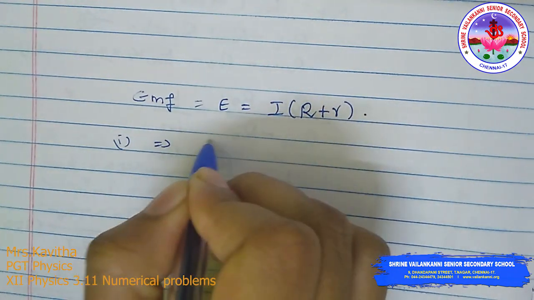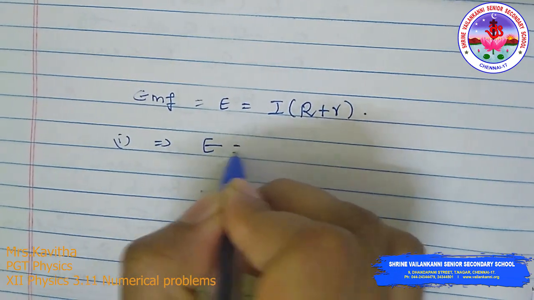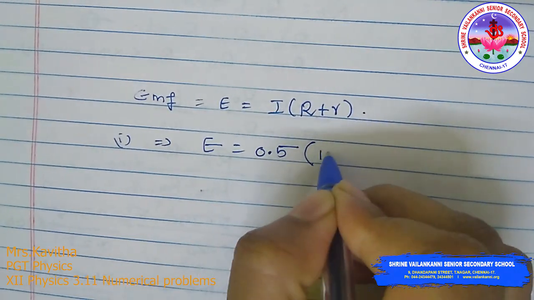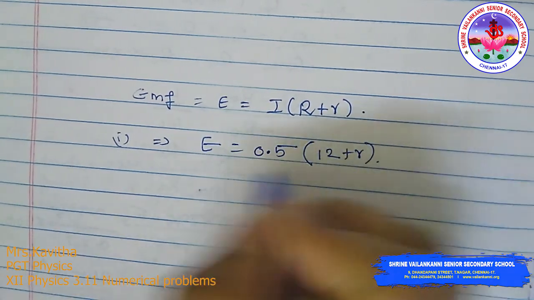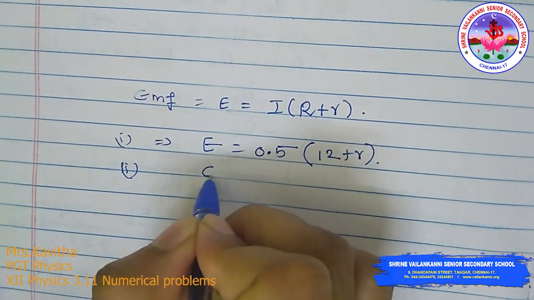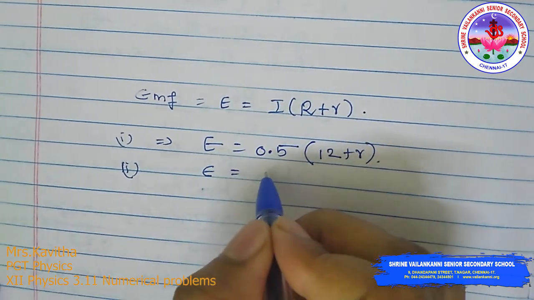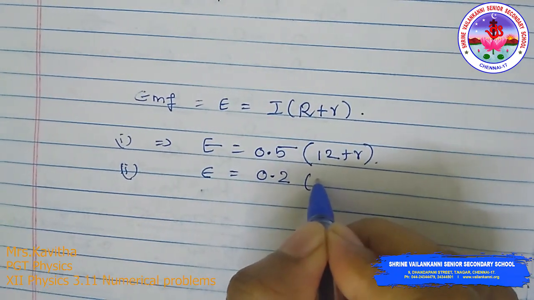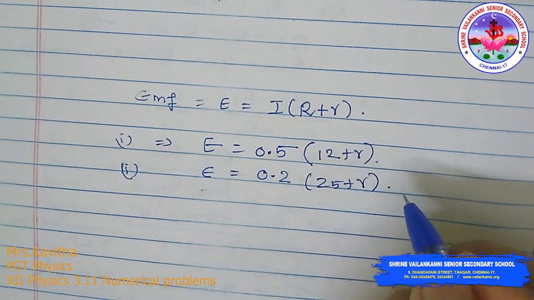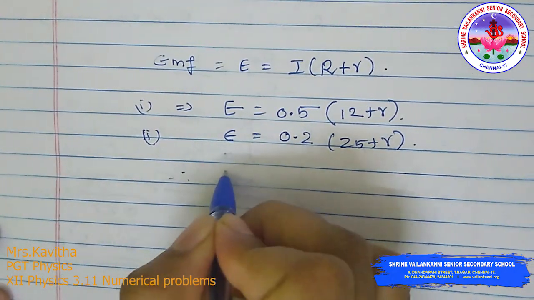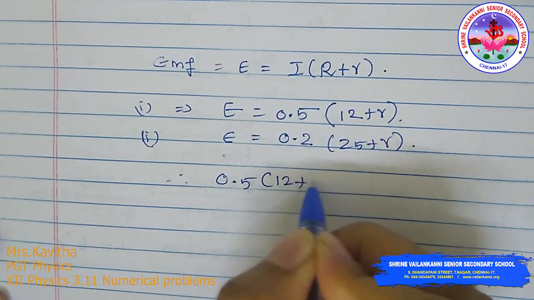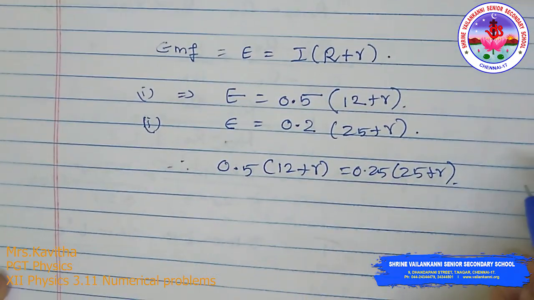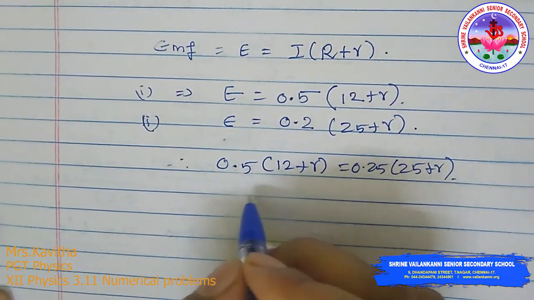For the first case, we can take EMF E, they didn't give E, which is equal to 0.5 ampere current with the external resistance 12 plus R. For the second case, E is equal to 0.25 current I and the external resistance 25 plus R. So we are going to compare that: 0.5 times 12 plus R is equal to 0.25 into 25 plus R. Then we will get the R value.